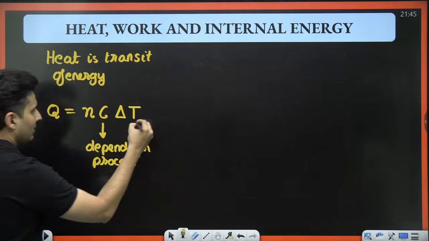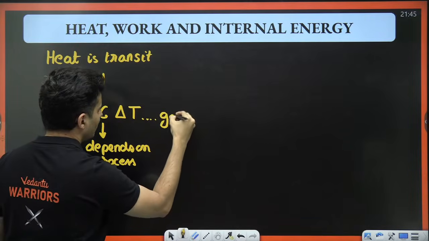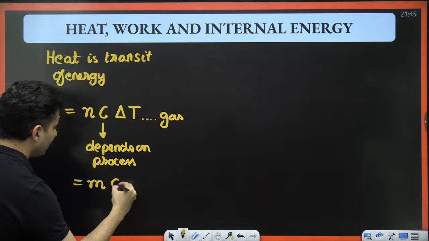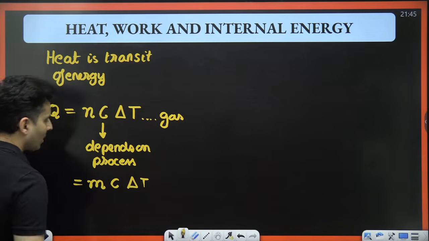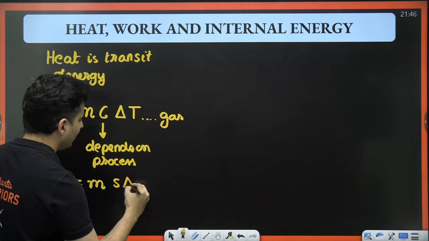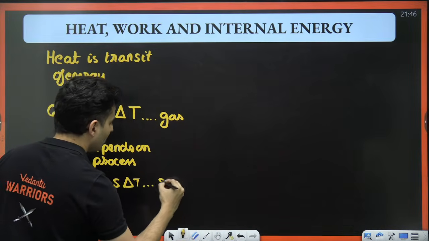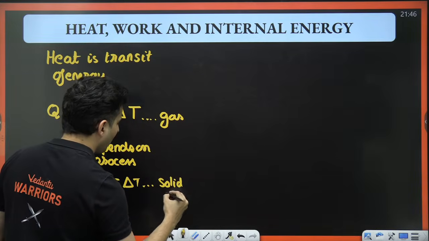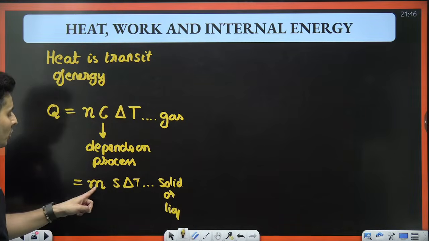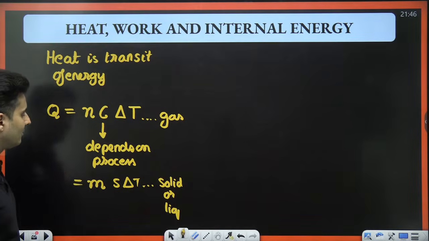This is generally used for gases, but for solids you use mCΔT, or generally msΔT. This is generally for solids or liquids. You do not use moles, you use mass. Here it is moles.